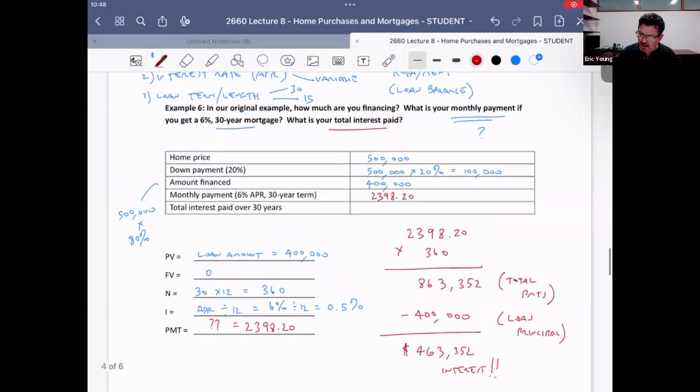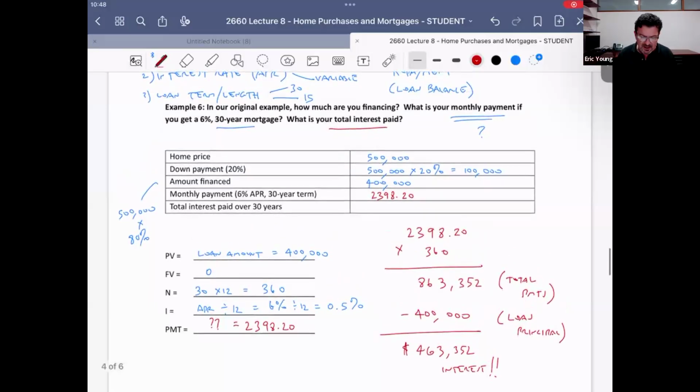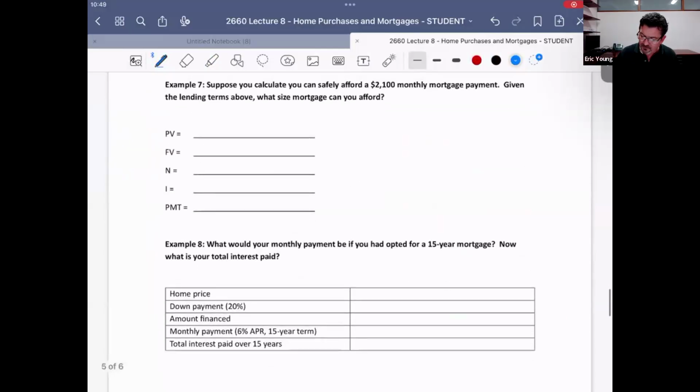This one right here was, you were committed to buying the house that cost 500 and this was your interest. Okay, let's go to another example though.